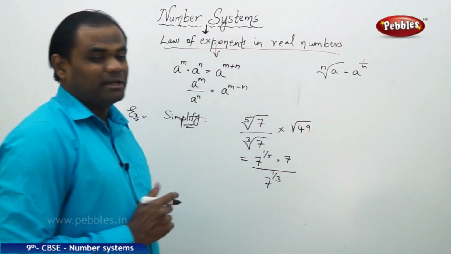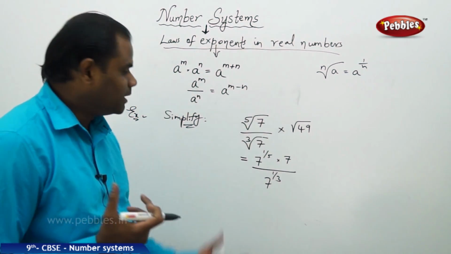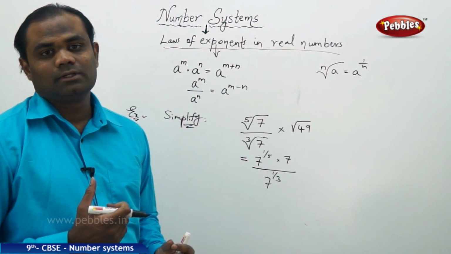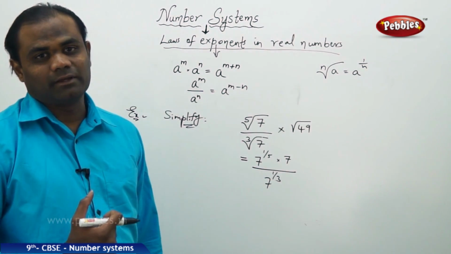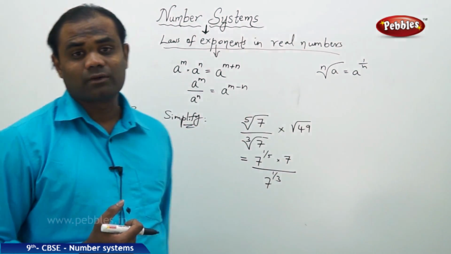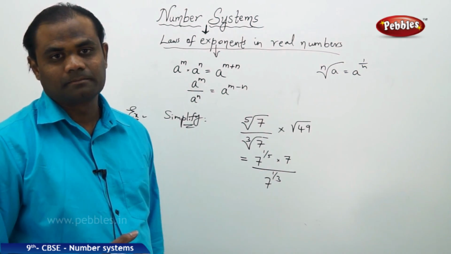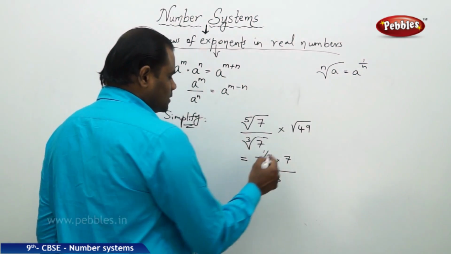So when we discuss laws of exponents, we think of making all the bases equal, is the rule we need to identify. Because the given question has different bases, my first target was to make all the bases 7 equal.